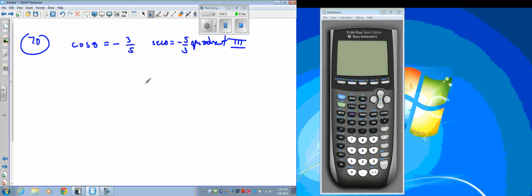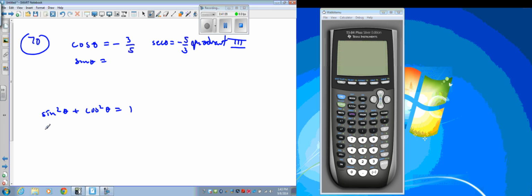Now the question is, how do we get the sine when we're given cosine? Well, with the information we've been given so far, we're going to use an identity. So which identity do we use? The sine one. We're going to use this identity, are we not? We have to use the identity that has only sine and cosine, and that's the only one that has that.